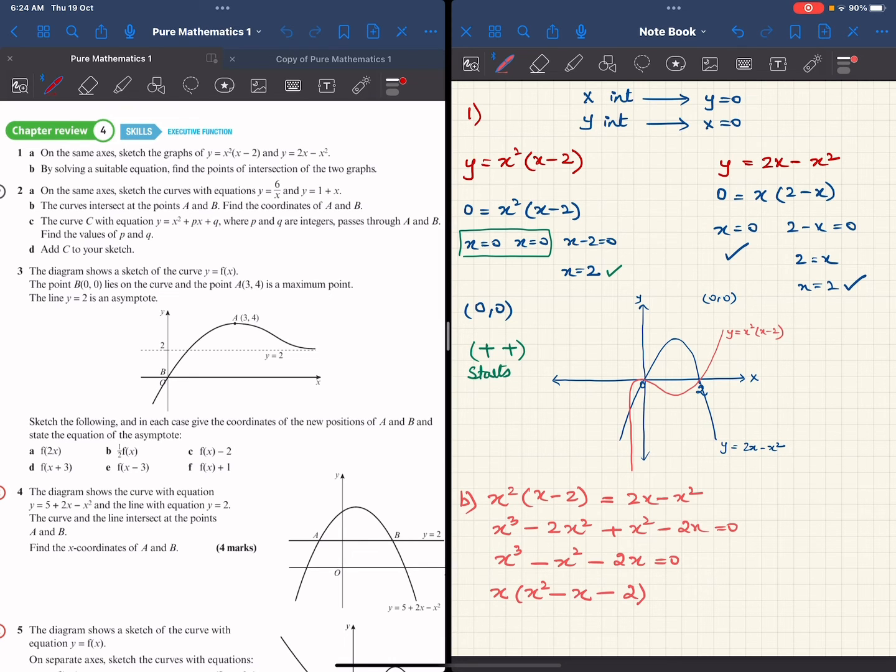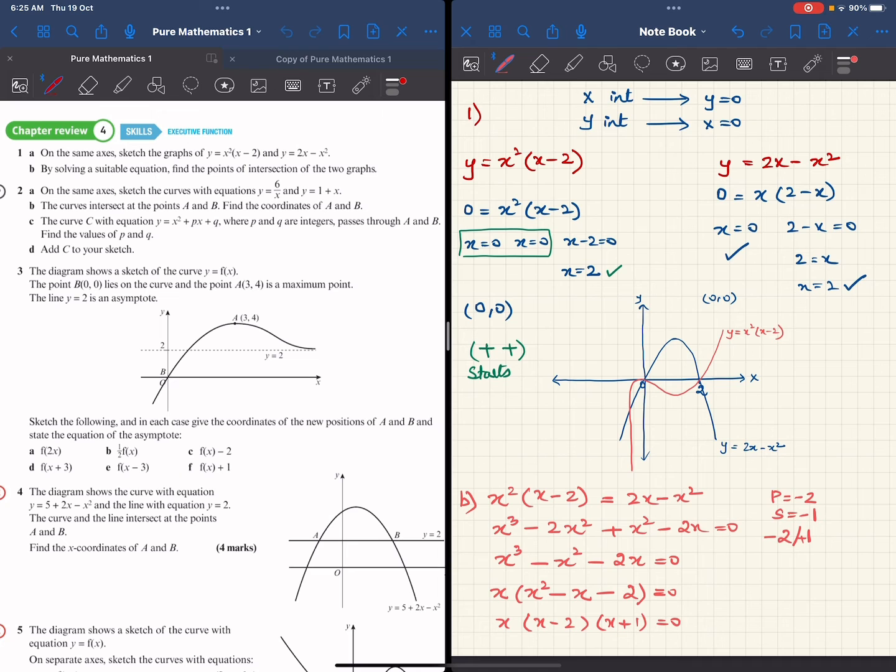So we have a quadratic expression here. The product is negative 2, the sum is negative 1, the coefficient of x. So the numbers that multiply to give negative 2 and add up to negative 1 are minus 2 plus 1. So this should be x into x minus 2 into x plus 1 is equal to 0.